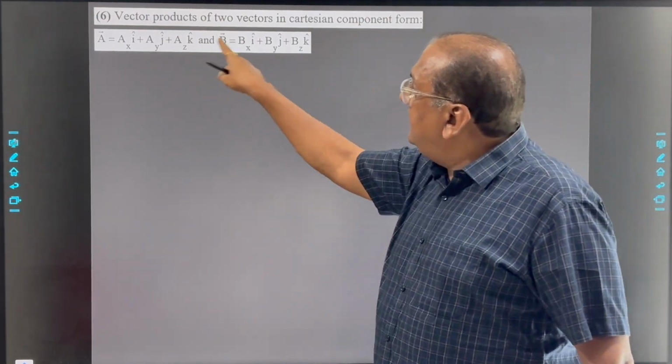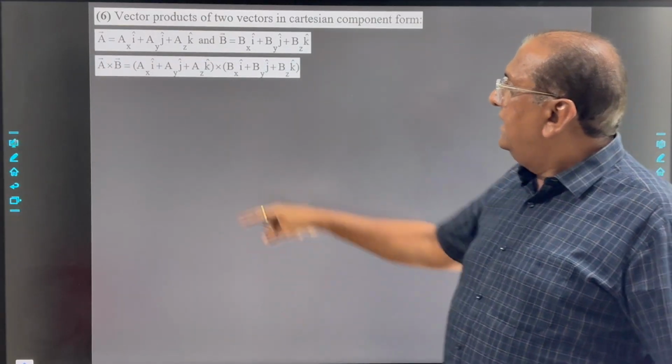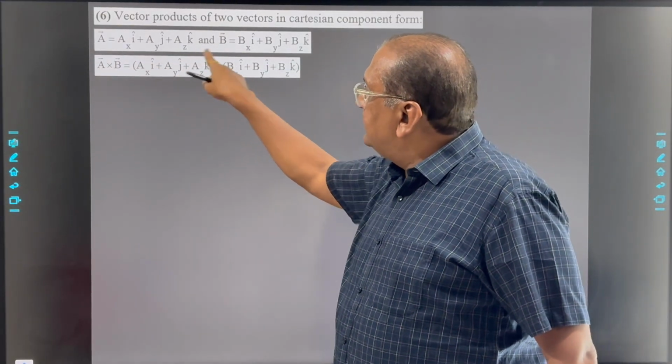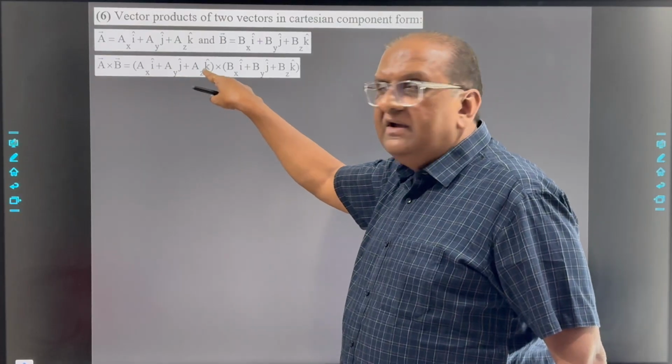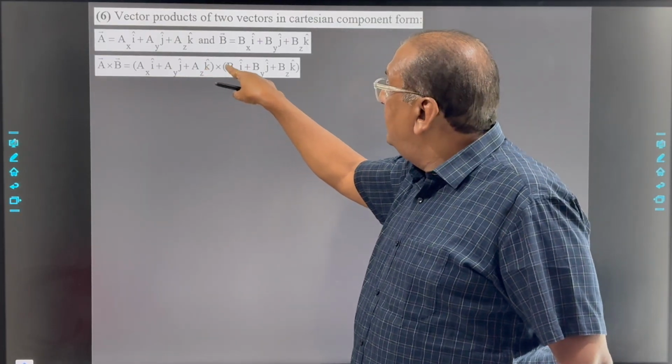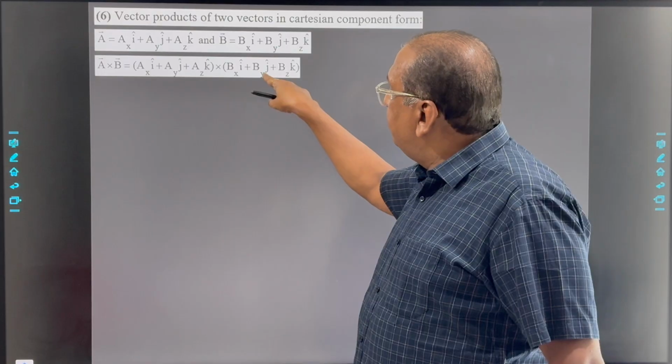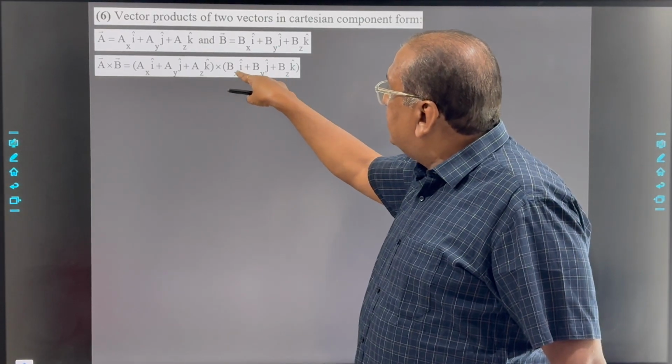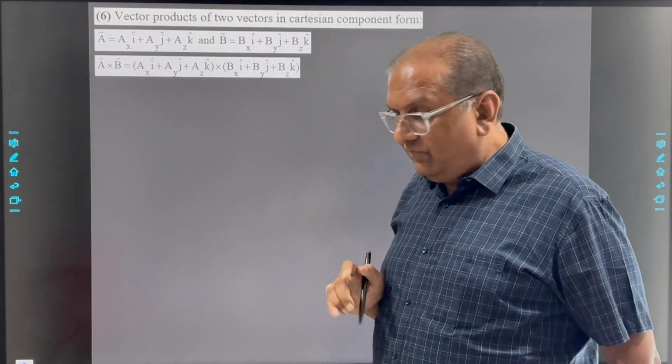Now vector A cross vector B is equal to, in the first bracket, vector A in component form, cross, in the second bracket, vector B in component form.